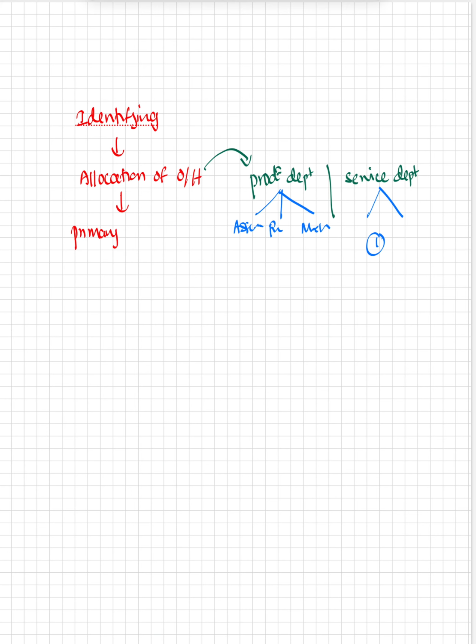After allocation of overhead, the next step is you have to divide the overheads among the departments. If it is not allocated, we call it primary distribution. Once primary distribution takes place, whatever the service department overhead is should be reallocated to the production departments. We call it secondary distribution. After that, the total overheads are in the production departments.